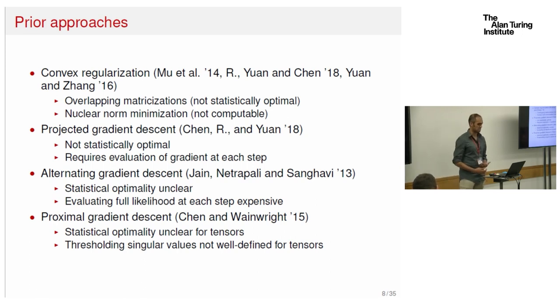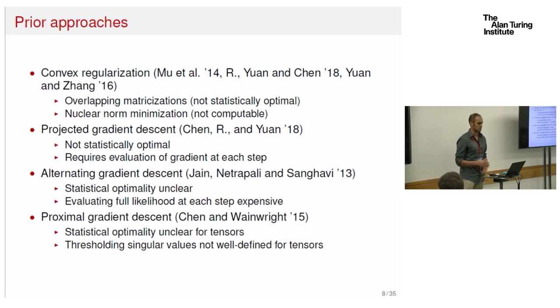There are other algorithms that are certainly implementable. So projected gradient descent, which is one we'll compare to today, is not statistically optimal. From a computational point of view, it's not bad, but it does require evaluation of a gradient at each step, and we'll show that that's something we don't need here. And then there are other approaches which are extensions from matrix approaches, which have both statistical and computational challenges.